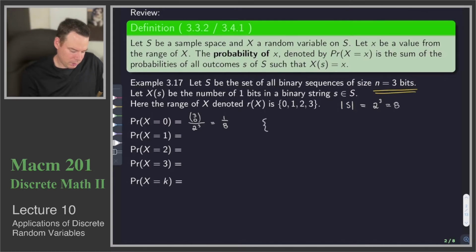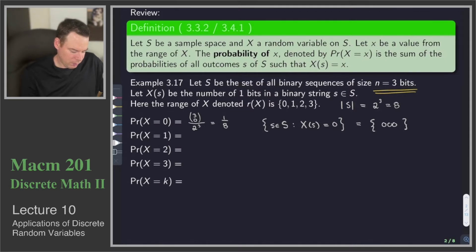Our event space in this case was the set of all sequences such that capital X of s, the value of the random variable, is 0. And there's only one such sequence. If there are no ones, then they're all zeros. In other words, where are we going to put the ones? Since we're not choosing any ones, of the 3 spots, we're choosing none of them to contain a 1, and that's how we computed the size of that event space.